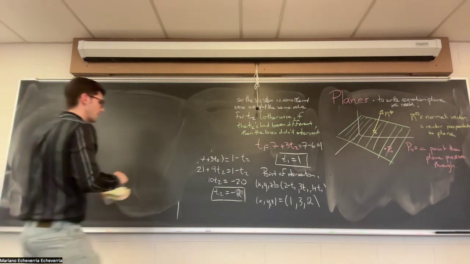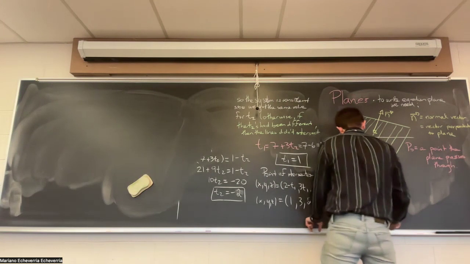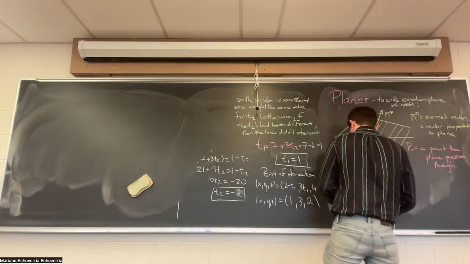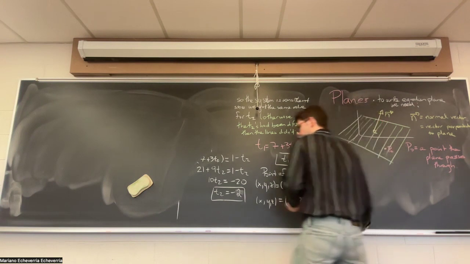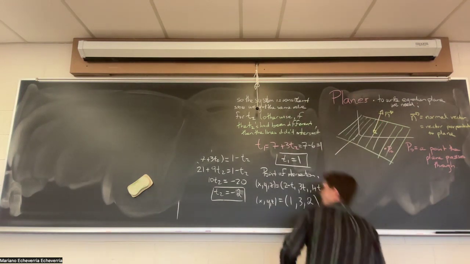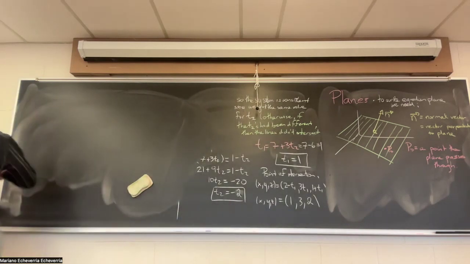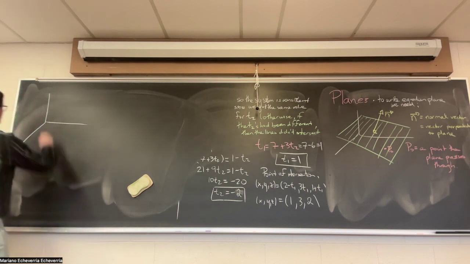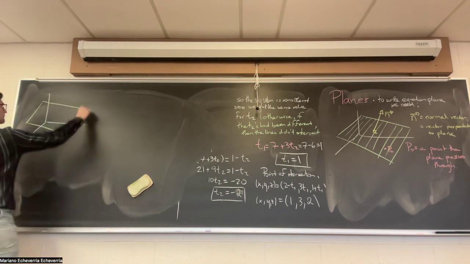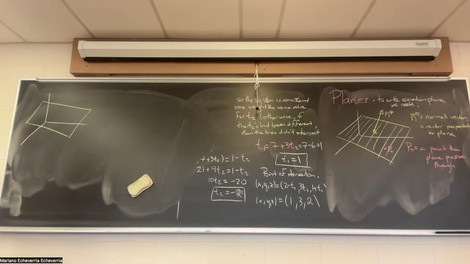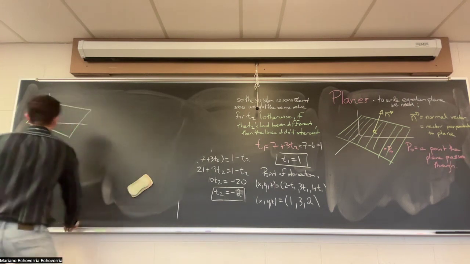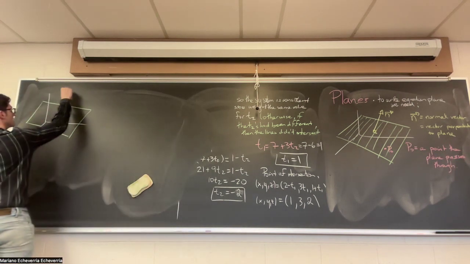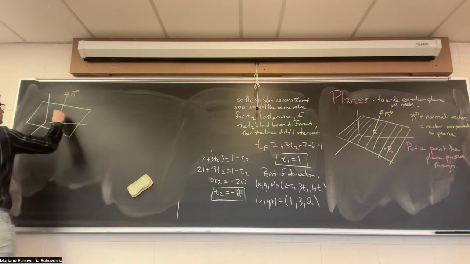Let me draw the picture again without coloring it, to make it a bit more clear. So you had this normal vector.